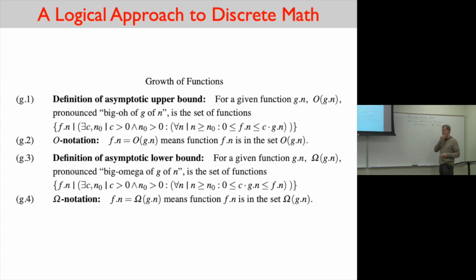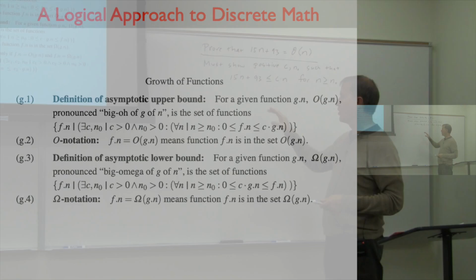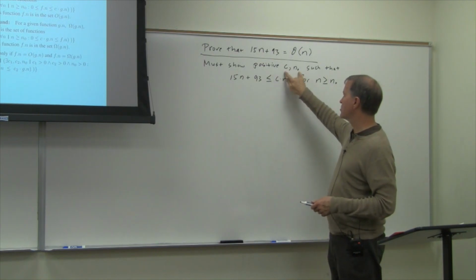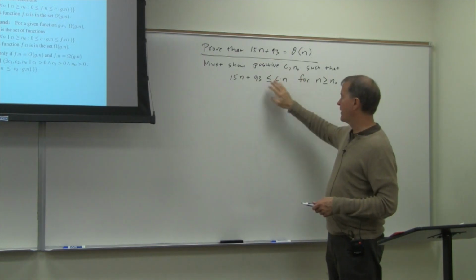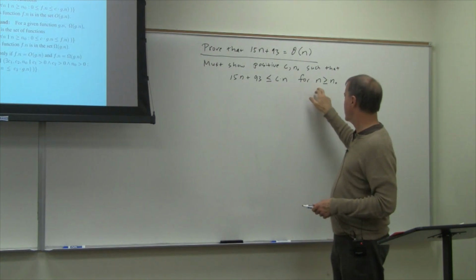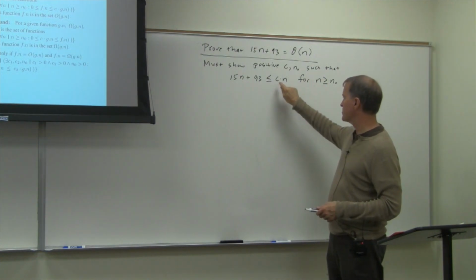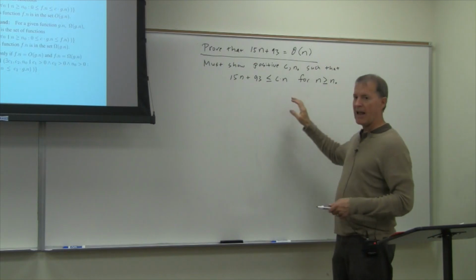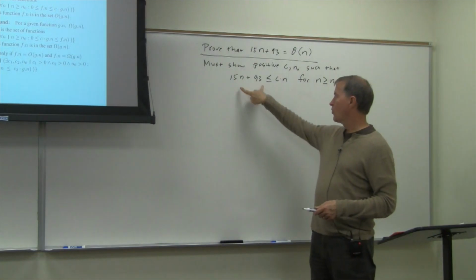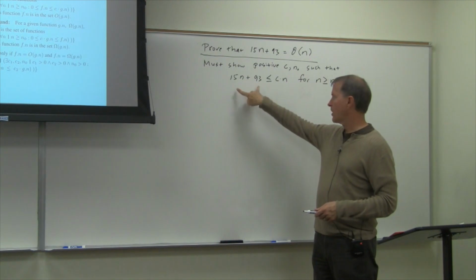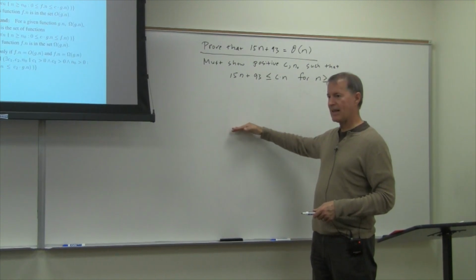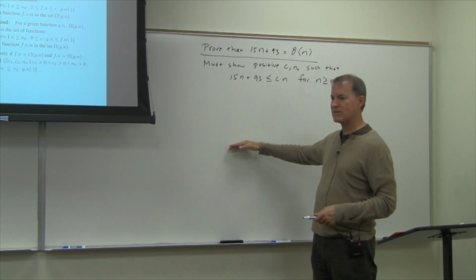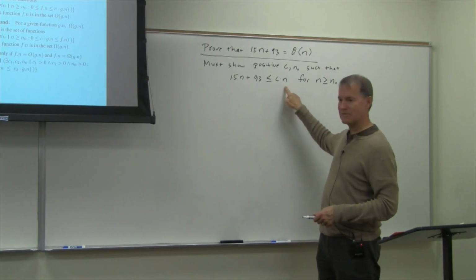Now, here's what's interesting about this proof technique. These proof techniques always follow the exact same pattern. You write down what you must show, and then you write down what the inequality is for n greater than or equal to n naught, and we have to come up with this C and this n naught. We always start with the left-hand side, the function that we're trying to prove the bound on, and we do manipulations, and in the end we get it to be less than or equal to C times n, or C times whatever this function is.